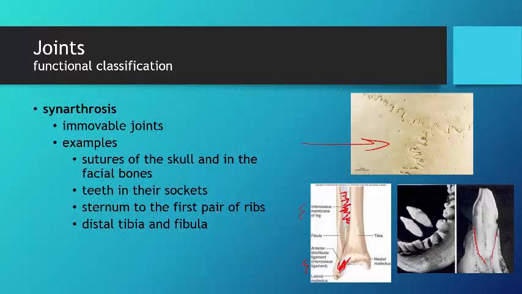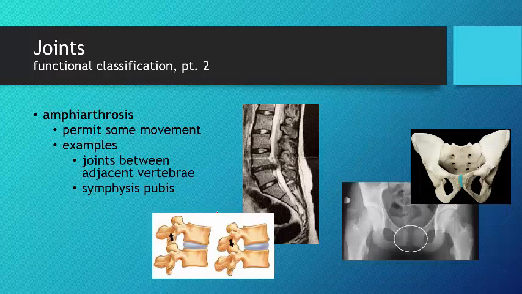Next, we'll look at the Amphiarthroses. These are the joints that permit a little bit of movement. Some good examples of these Amphiarthroses include the vertebra, or in between the vertebra at the intervertebral discs.